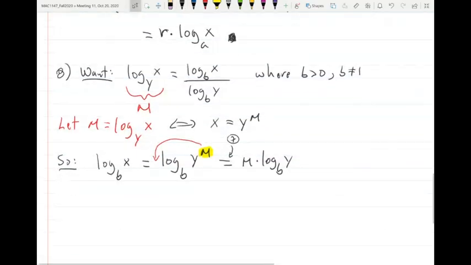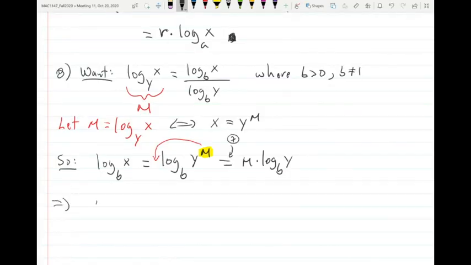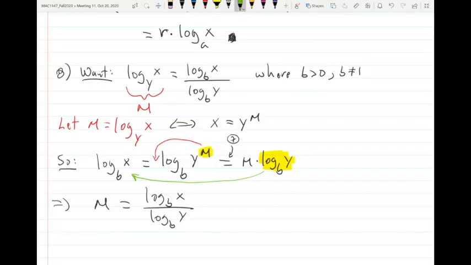Right? So what do we have? If m times log base b of y equals log base b of x, then it follows that m is going to be equal to, let's divide both sides by log base b of y, log base b of x over log base b of y. In other words, I just divided this term by this one to solve for m.